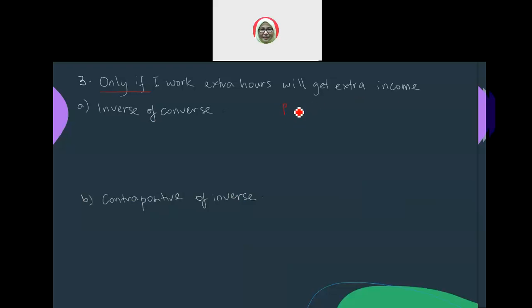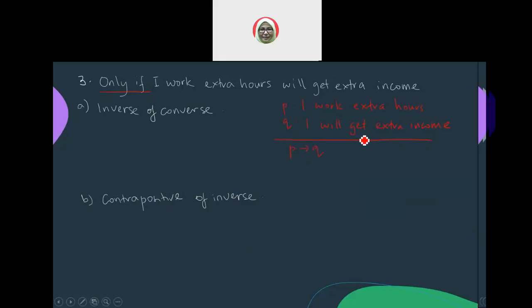Let me define P for the first simple statement: I work extra hours. Q: I will get extra income. So the given statement in symbolic is P implies Q, right?